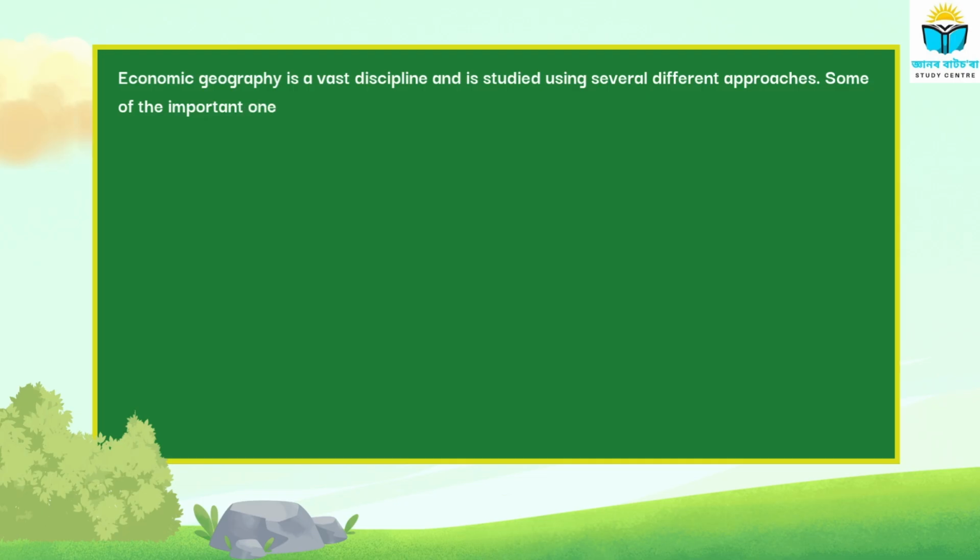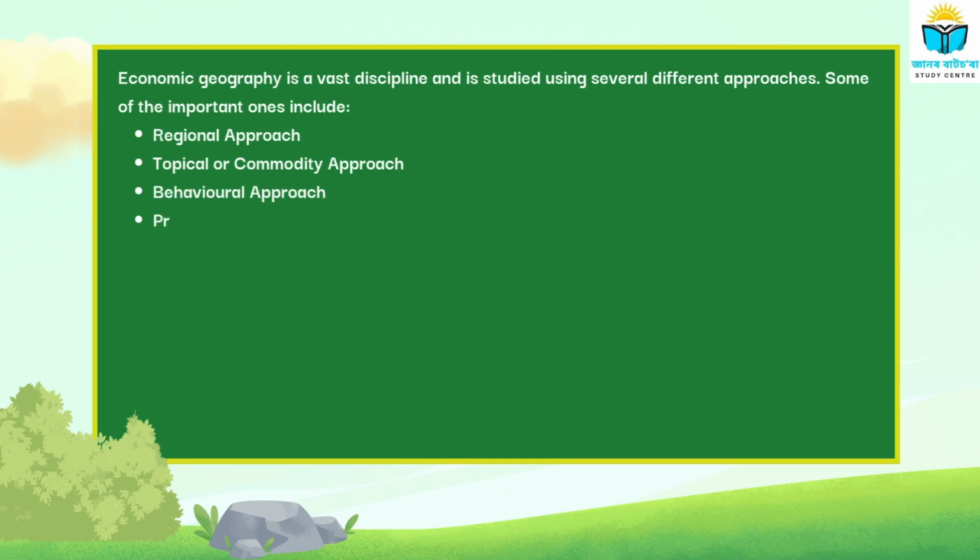Economic geography is a vast discipline and it can be studied using several different approaches. Some of the important ones include regional approach, topical or commodity approach, behavioral approach, principal approach, system analysis approach, and the last we can say institutional approach.